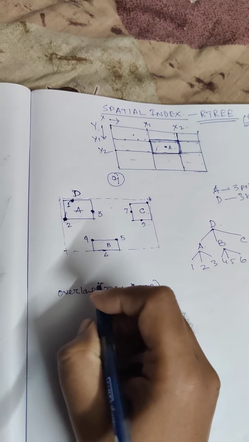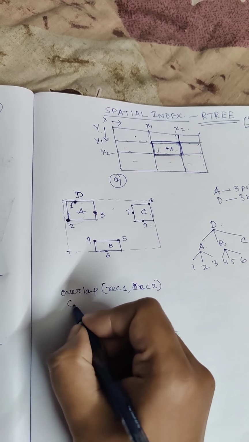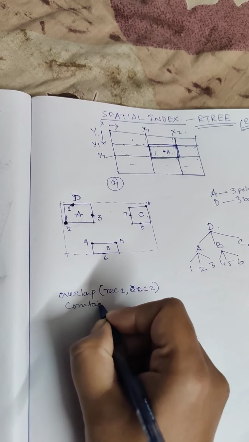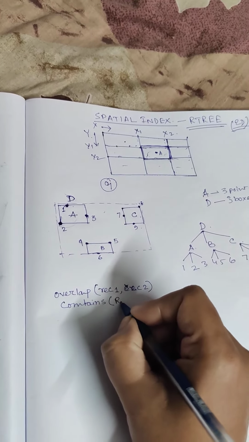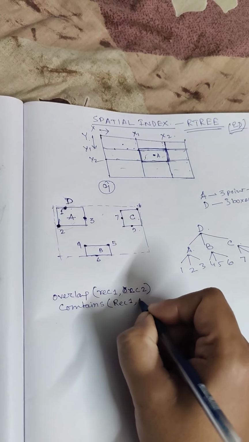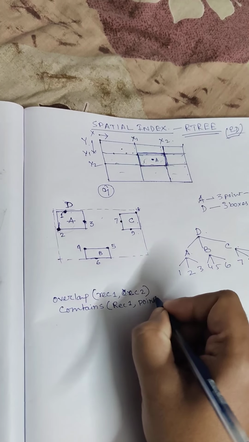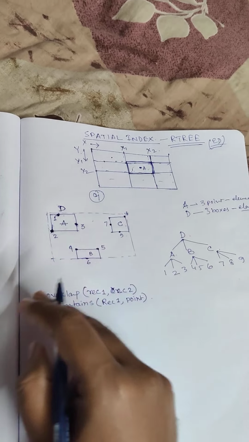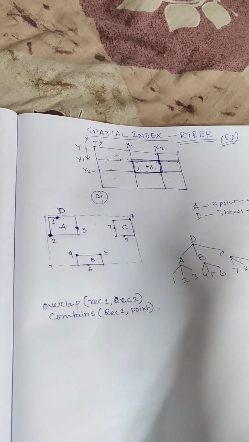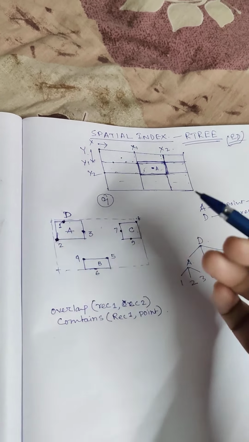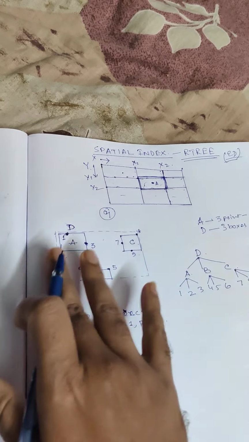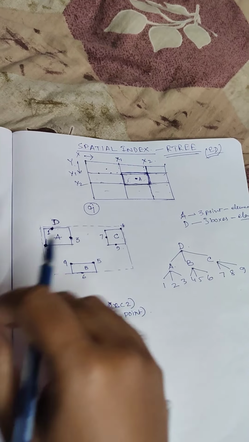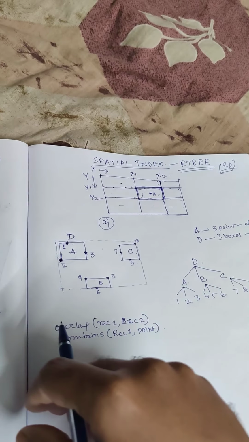Another function tells whether rectangle 1 has a point or not. These two functions you are given, and you are given some pointer which traverses your tree. Now what will that be?